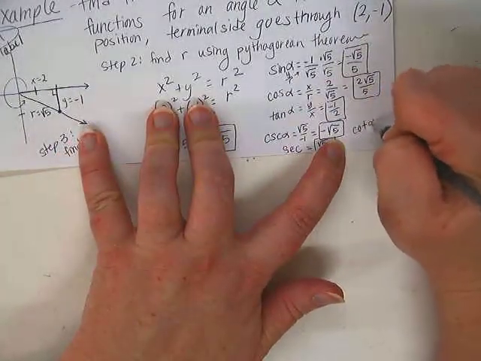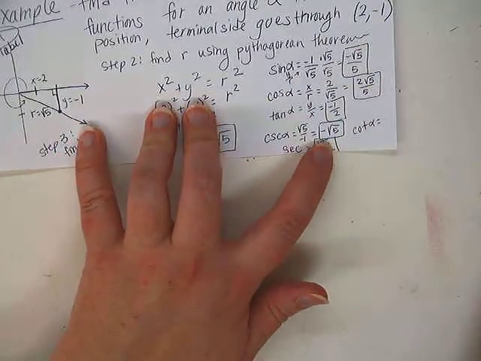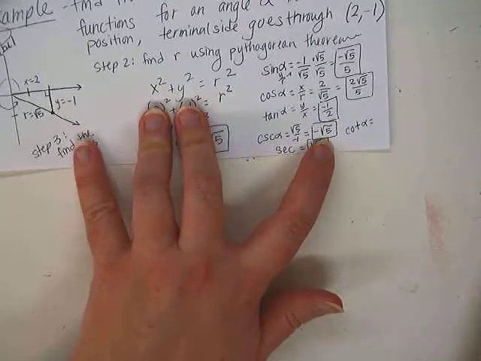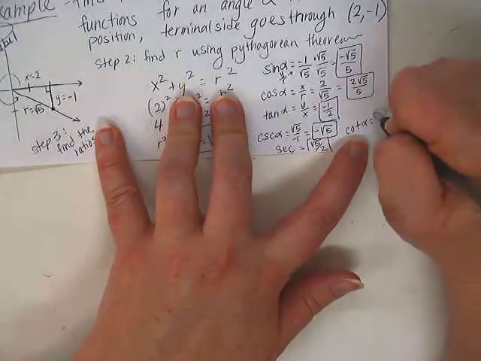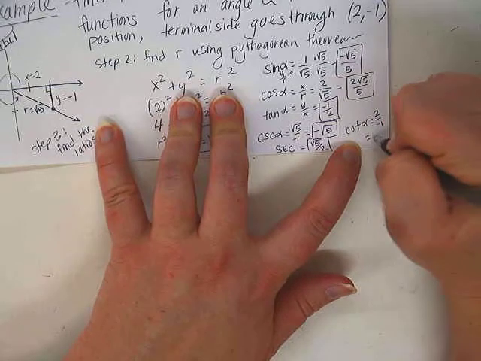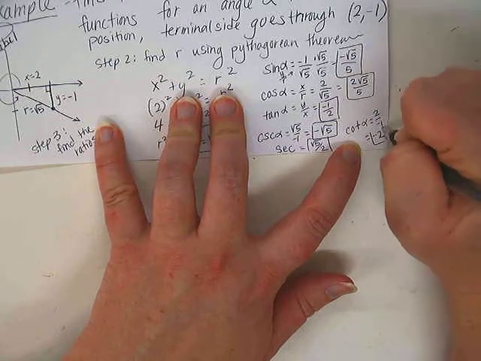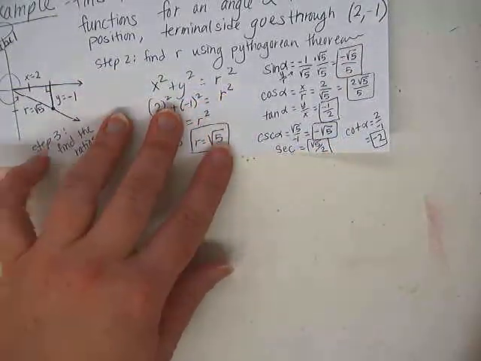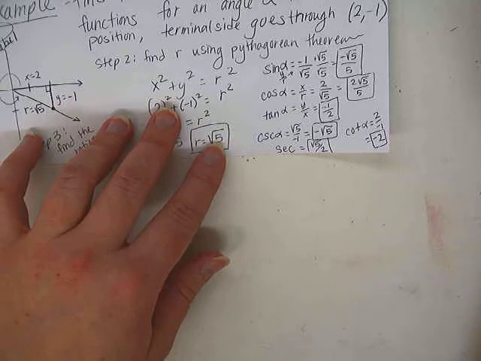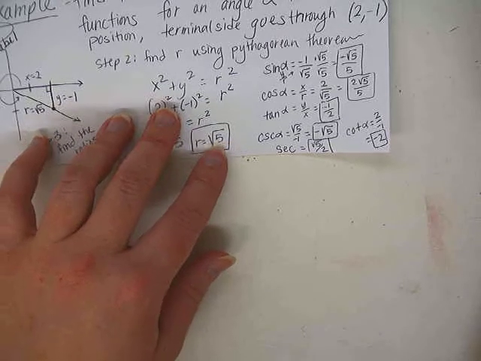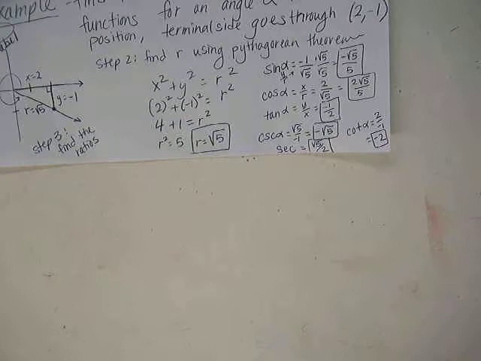And then secant will be square root of 5 over 2, which doesn't need rationalized, so that's it. And then cotangent, we just flip over the negative 1/2. So 2 over negative 1, which is what? A negative 2. There's our 6 answers for that triangle.